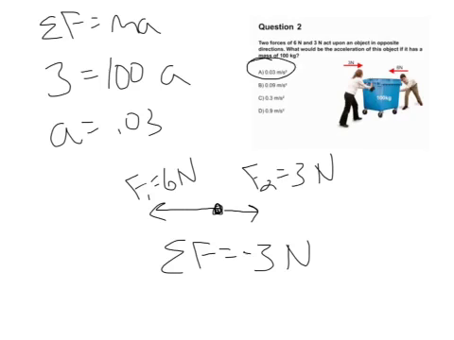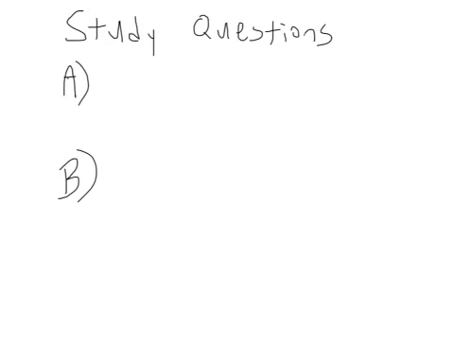In your reading packet, there are 2 study questions right after example 1. They should be on page 5 of your reading packet. Pause the video for a moment and go through and answer those study questions A and B. In answering those questions, you should have come up with 2.19 or 2.2 meters per second squared for the first one, and in the second one, it should be 13.6 newtons.